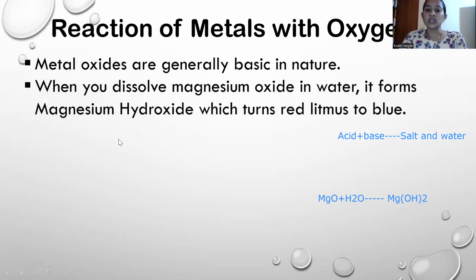When you dissolve magnesium oxide in water, it forms magnesium hydroxide, which turns red litmus blue. Red litmus, if it turns to blue, then it indicates that the particular compound or chemical is a base. Okay, if the red litmus turns to blue, then it is basic in nature.